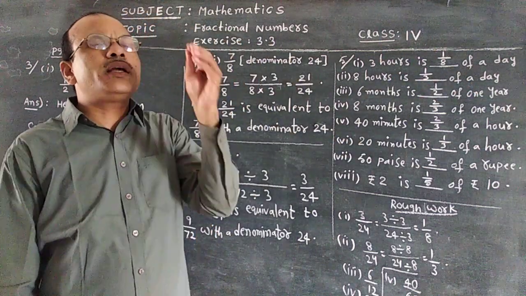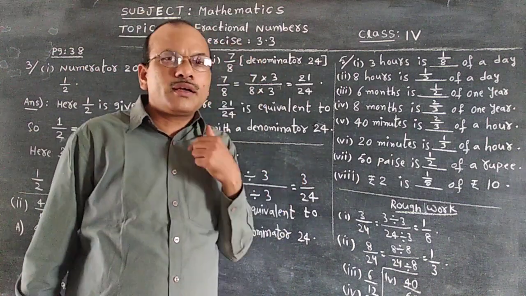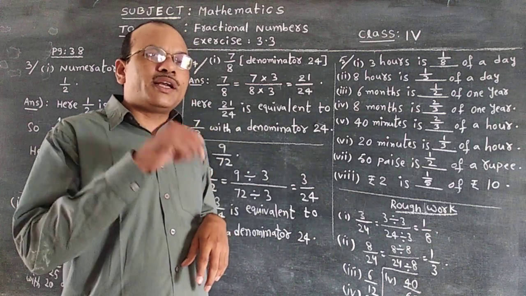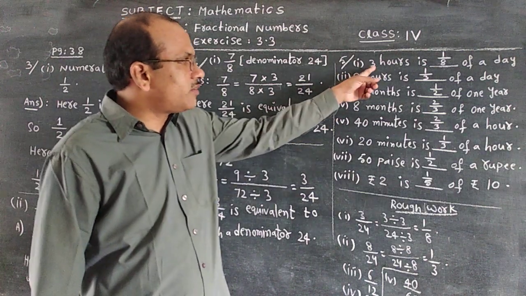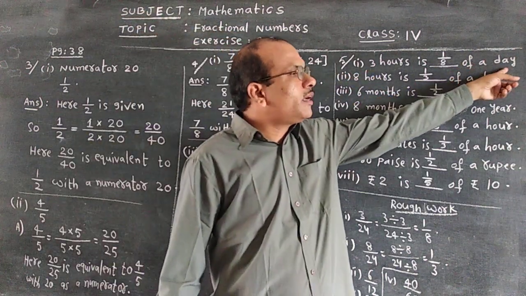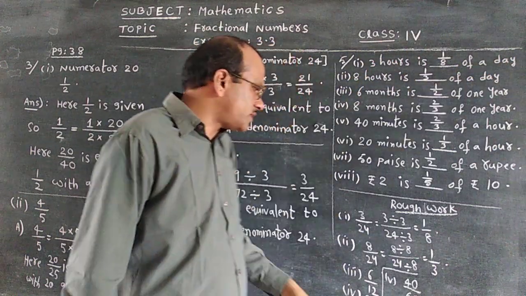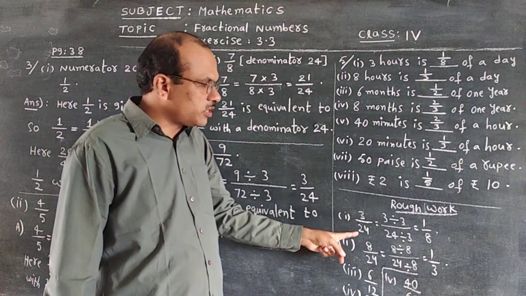What do you say? How many hours are there in one day? Do you know the number of hours in one day? Yes, there are 24 hours in one day. So 3 hours again, in one day 24 hours. 3 and 24 we should divide. 3 by 24.